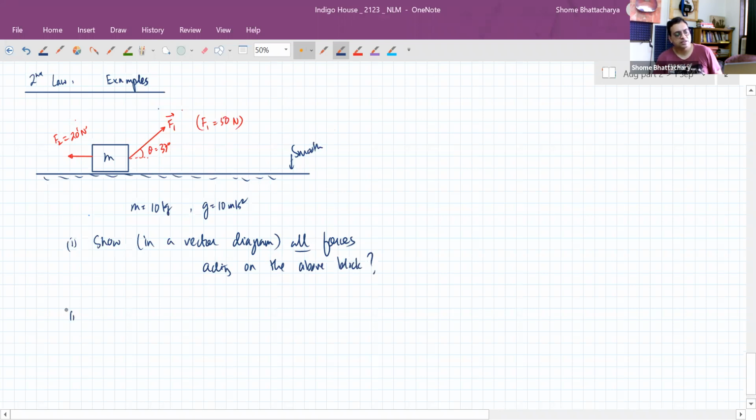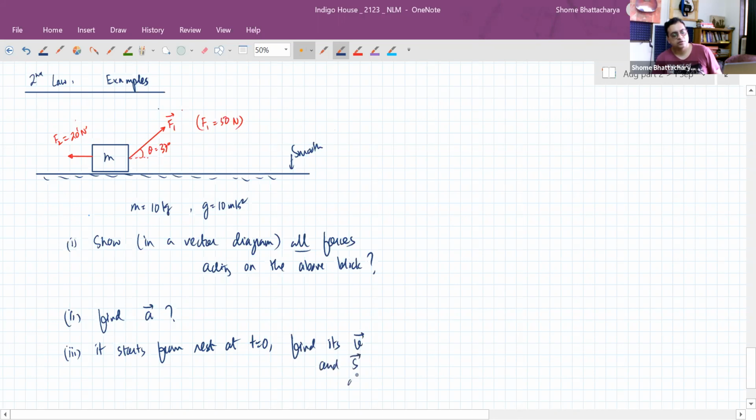Then by using Newton's second law, we want to find its acceleration both in magnitude and direction. And then suppose we also want to add one part that it starts from rest at time t equal to 0. So find its velocity and displacement after 2 seconds.